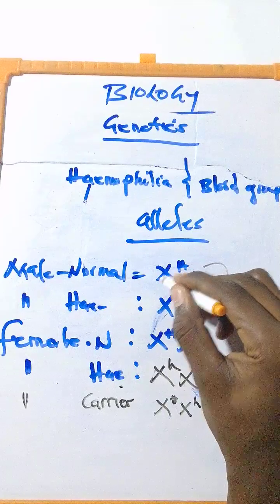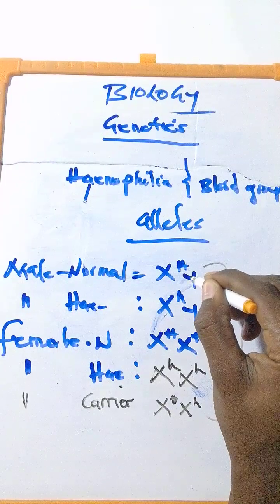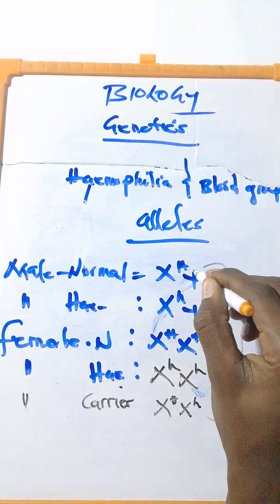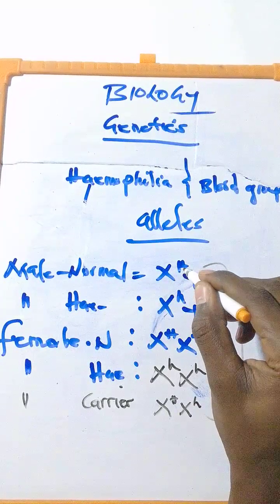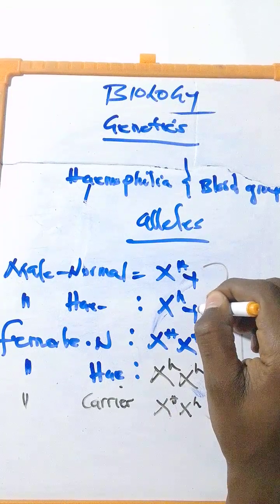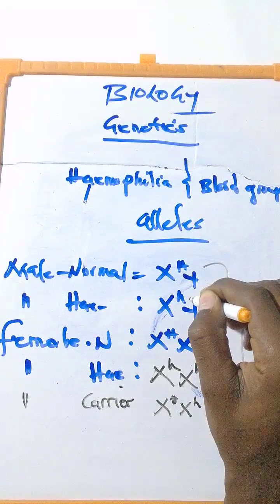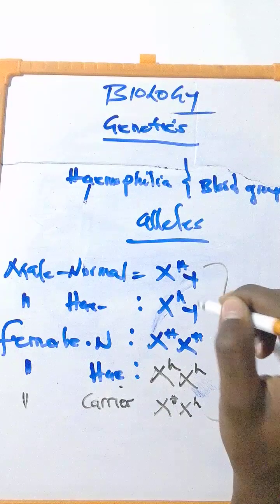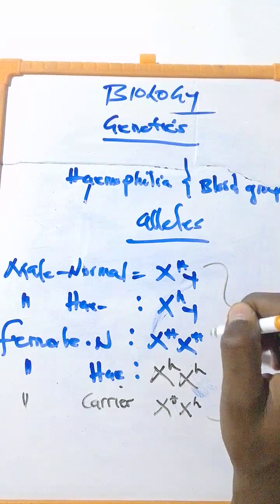So if this X is hemophilic, it has no other chromosome which contains another allele or gene which can protect it. So if one X is hemophilic, the other allele will have no chance to support the other one. Therefore, a male will be exposed to hemophilia more easily than a female.